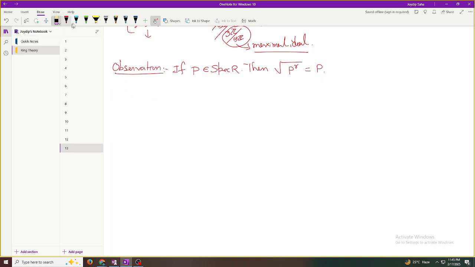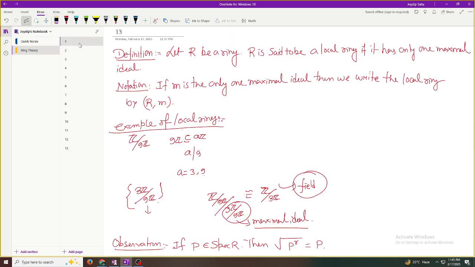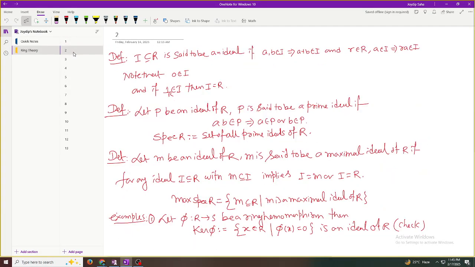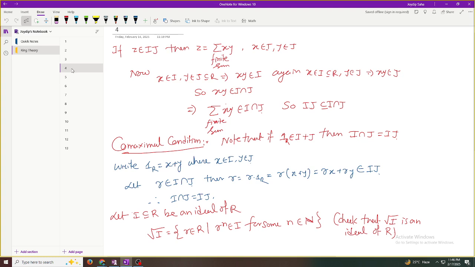Proof. So what is the radical? I forgot it. Okay, this is a very important thing. This is the radical. Let I be an ideal of R. The radical of I, root I, is the set of r belonging to R such that r to the power n belongs to I for some n.